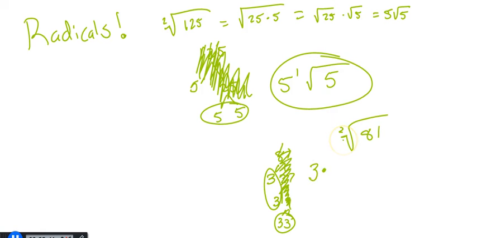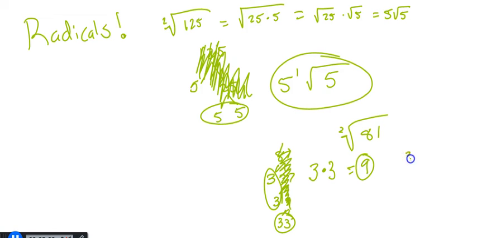And everything is getting multiplied together here. There's no adding the pieces, all right? This is all multiplication. So this is exponential multiplication. There's no addition going on, okay? So I have the 3, and then here's my other group of 3, so 3 times 3. And I have nothing left here, so nothing is going to stay inside my radical. That means this is simply 9, which we know, 9 times 9 is 81, okay?